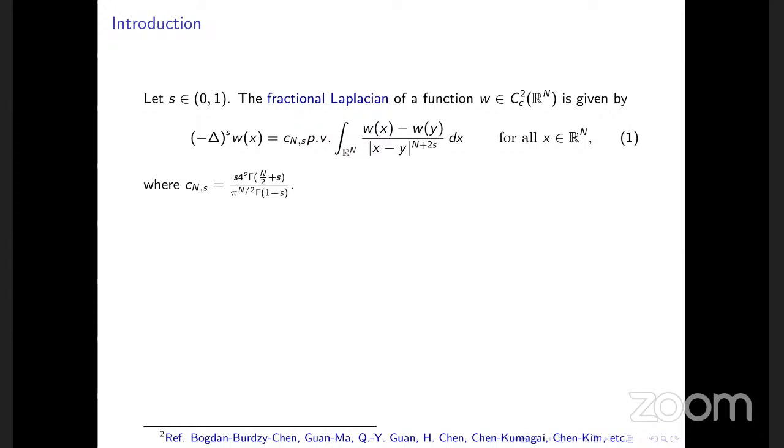Even if you have a function w which is compactly supported, looking at the integral, the fractional Laplacian of w does not necessarily have compact support. This means local information alone cannot tell you much about this operator.